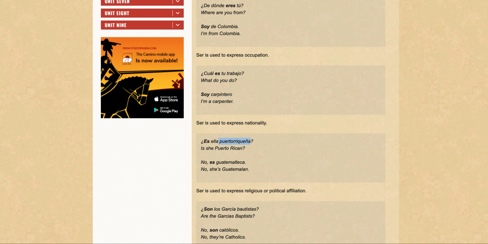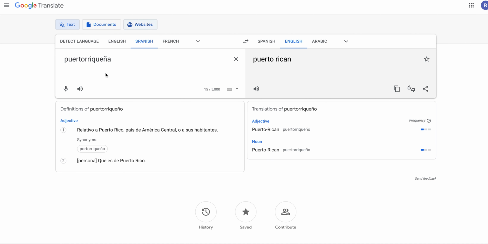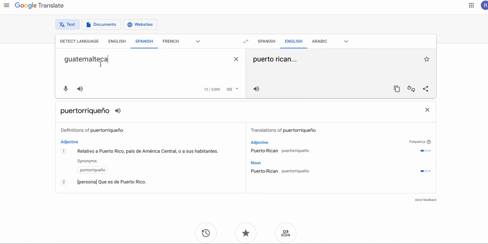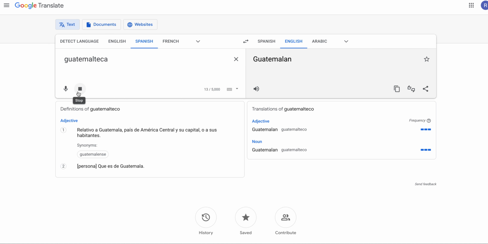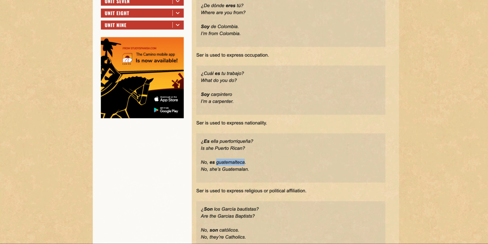Yeah, Puerto Ricana. So ¿es ella Puertorriqueña? Is she Puerto Rican? No, es Guatemalteca. Let's double check the pronunciation here. Guatemalteca. No, es Guatemalteca. No, she's Guatemalan.